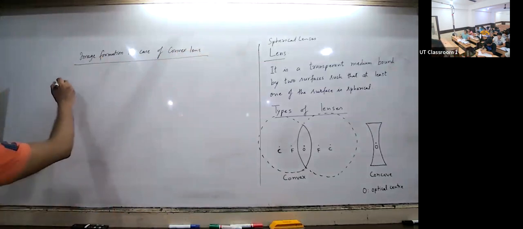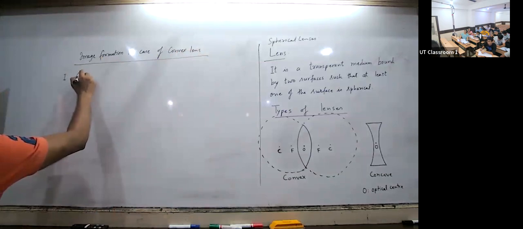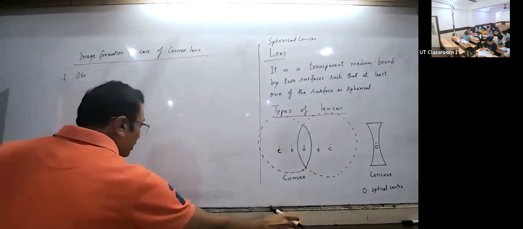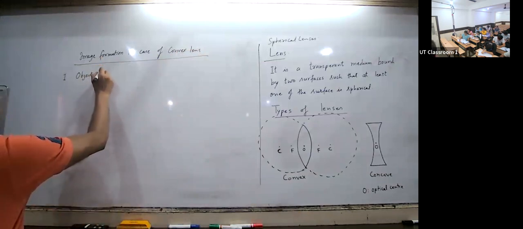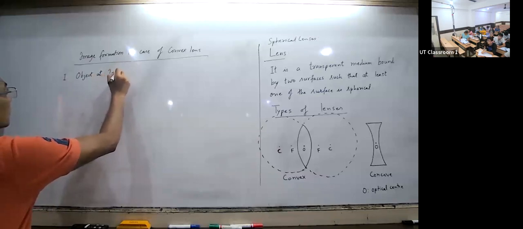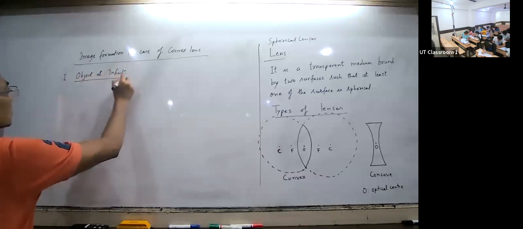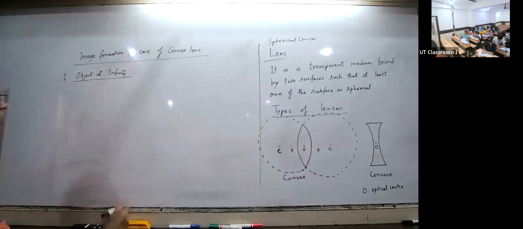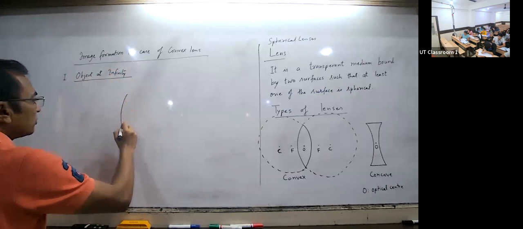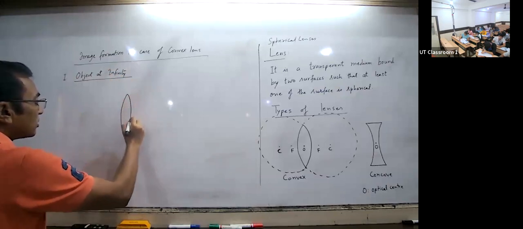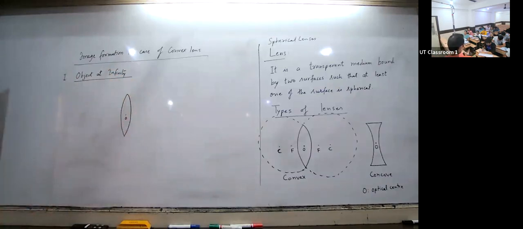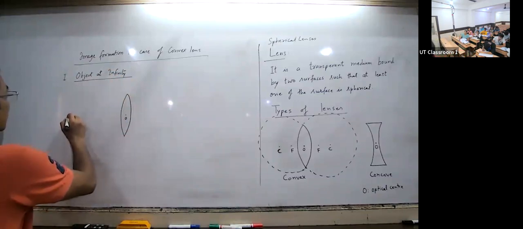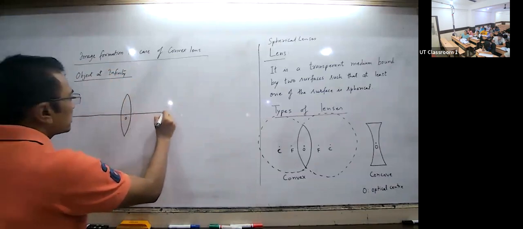First is object at infinity. Now I told you in case of convex lens, the images will form at the same positions where they formed for concave mirror, right? So there will be 6 object positions for convex lens.